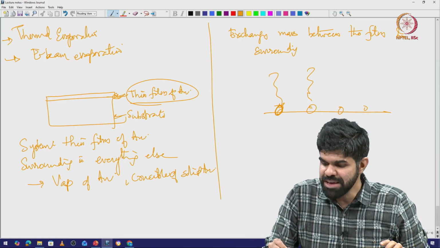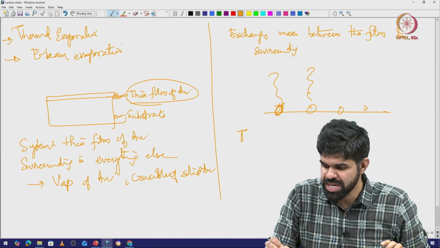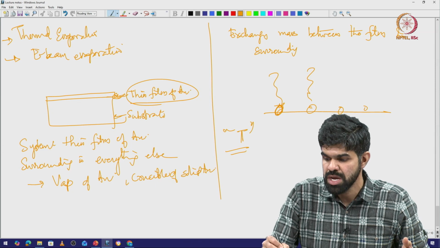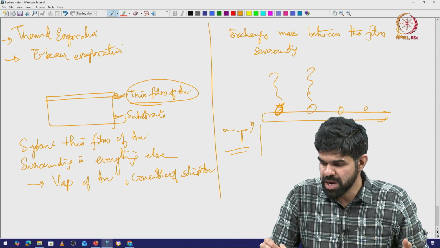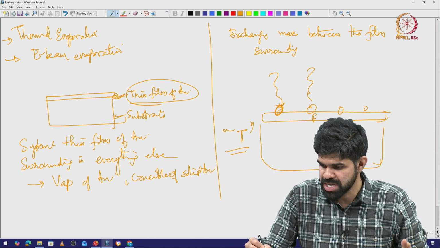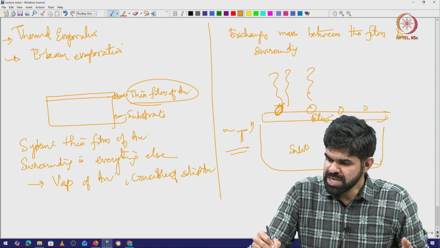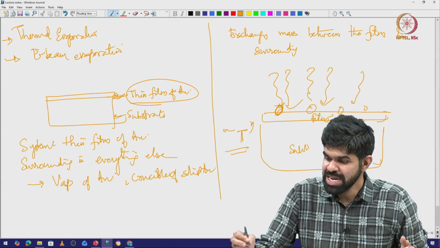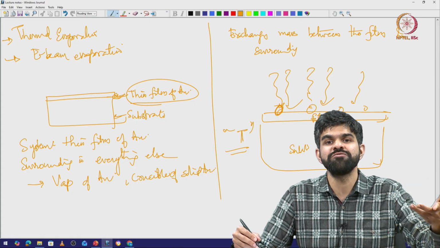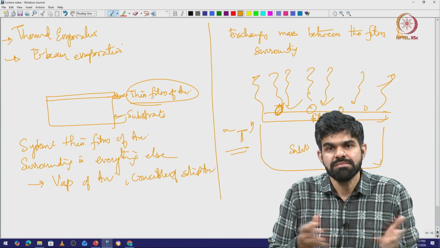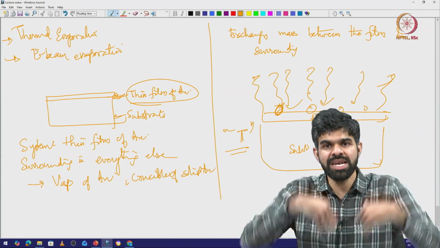But at any given temperature, let us say room temperature, I already have some kind of a film. This is a film, this is a substrate. Atoms are coming in, they are sticking, but also there is some desorption coefficient, which means atoms also can go out. That is just thermodynamics: more atoms are coming in, fewer atoms are going out.